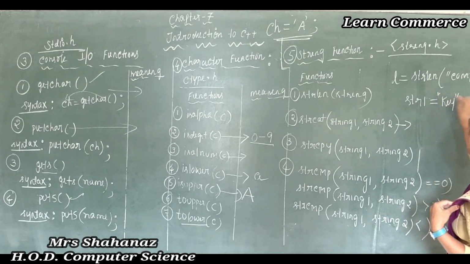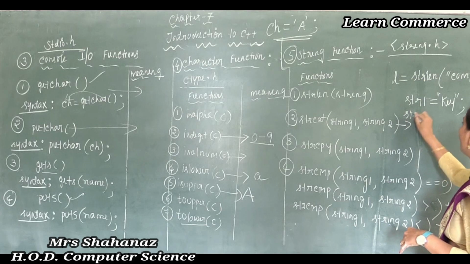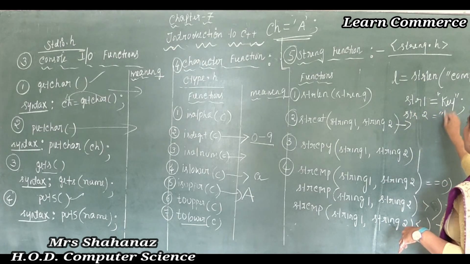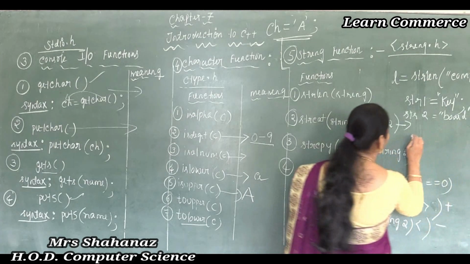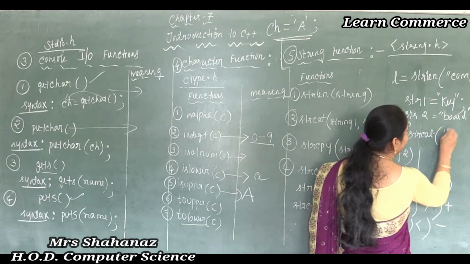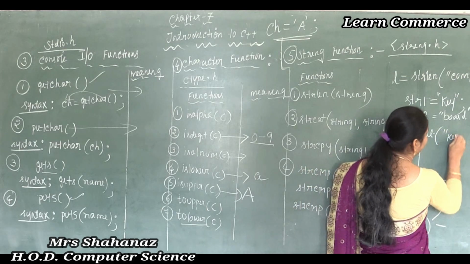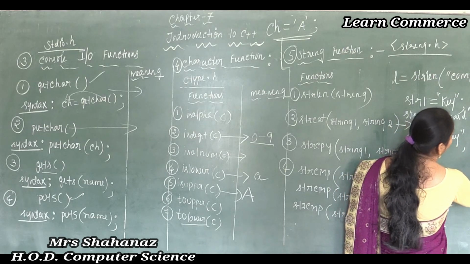So one example here: maybe str1 is equal to key. Clear this point here? I take str1 as key. str2, that is the string 2, is board. That means it is going to concatenate. How is it going to concatenate? So here we can say strcat, and later str1 is key, and next str2 is board here.